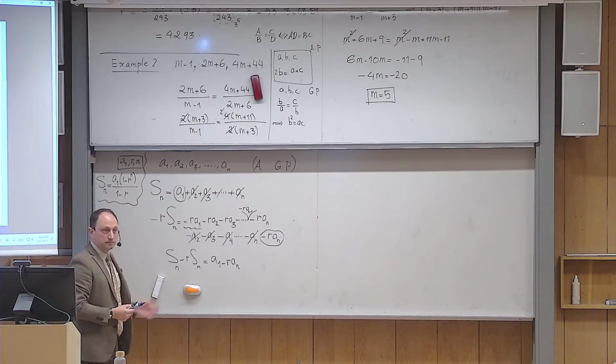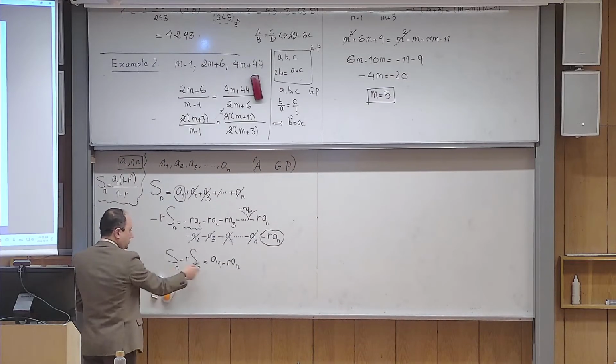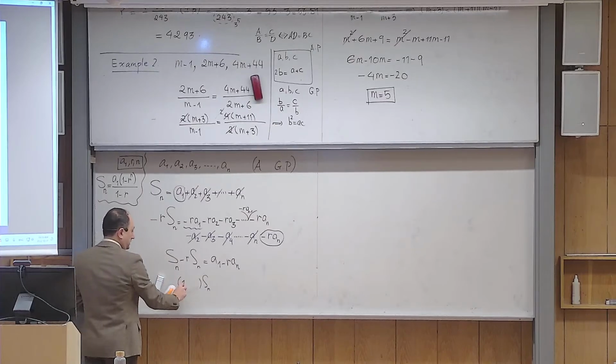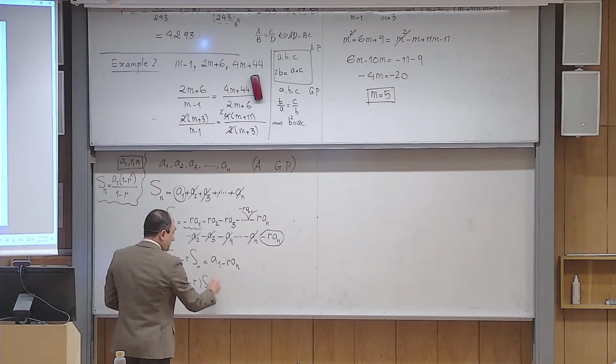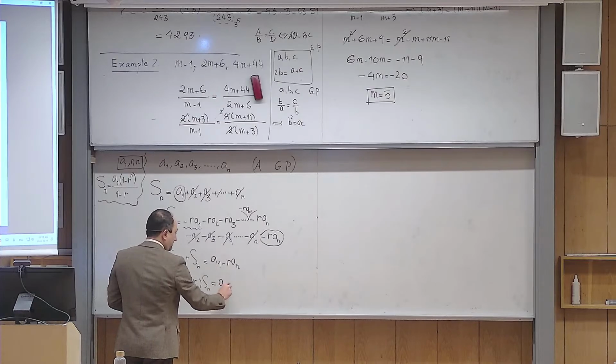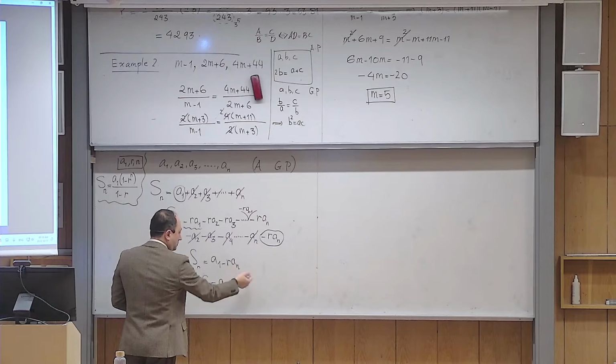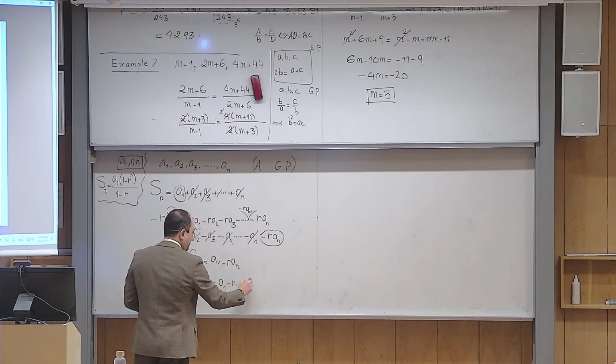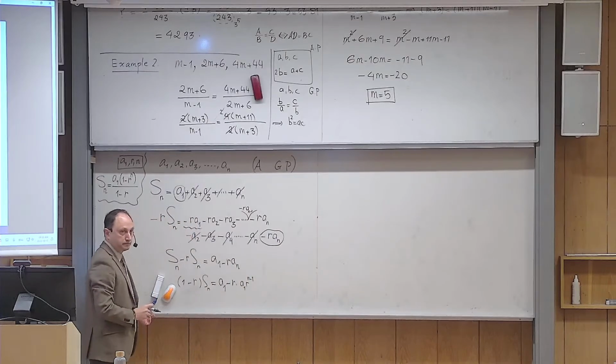Is that clear? Okay, then on the left-hand side, what can I do? Sn, I can factor it out. From this one, 1 is left. From this one, R is left. And on the right-hand side, I can write A1 minus R. Instead of an, I use the formula. It is A1 R to the power of n minus 1.